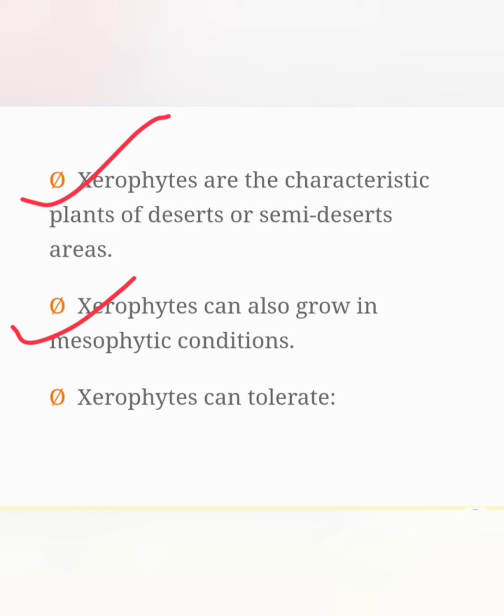Since we will not be doing mesophytes because they are not in your syllabus, just to let you know, mesophytes are plants which grow in an environment that is neither too dry nor too wet. So xerophytes, which can live in desert conditions with very little water, can also grow in mesophytic conditions.